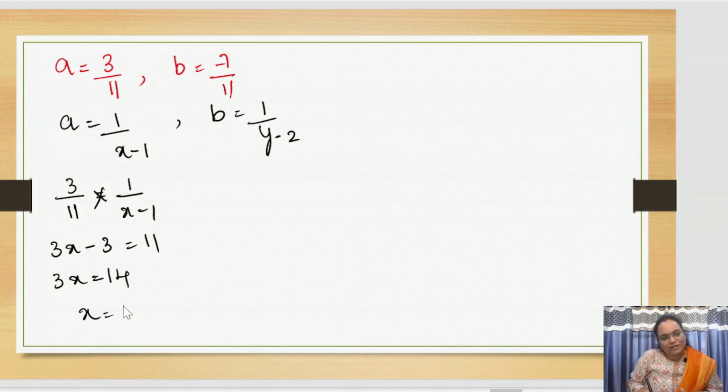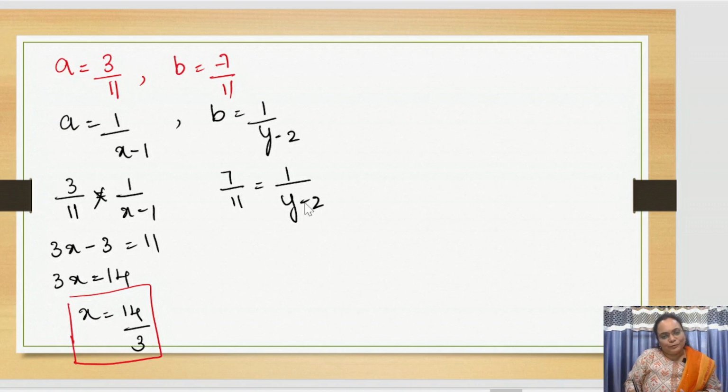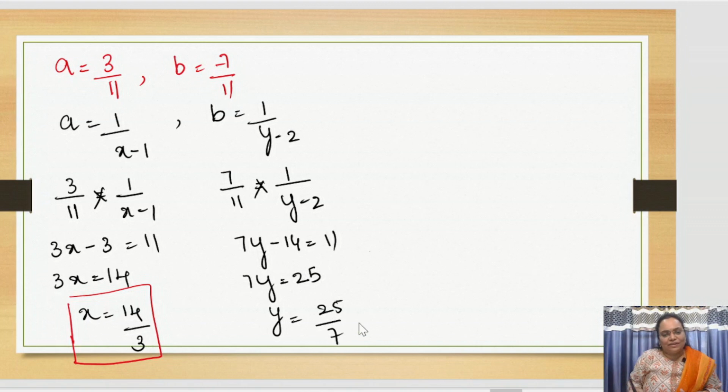So x is equal to 14 by 3. Okay. b value is 7 by 11 is equal to 1 by y minus 2. If you cross multiply, you will get 7y minus 14 is equal to 11. So 7y is equal to, I am just sending 14 to RHS, which is 25. Okay. You will get y is equal to 25 by 7.